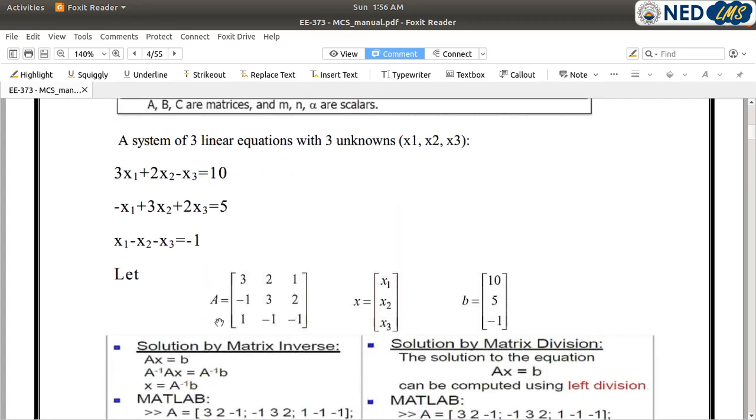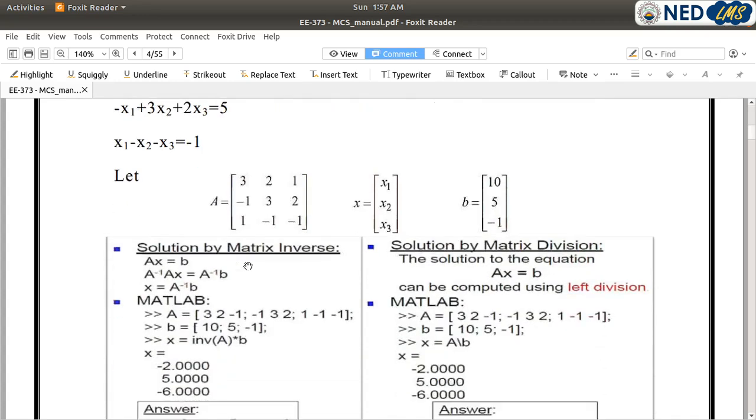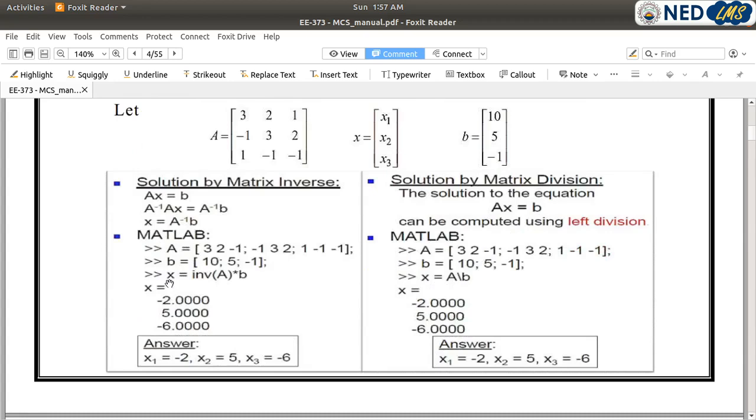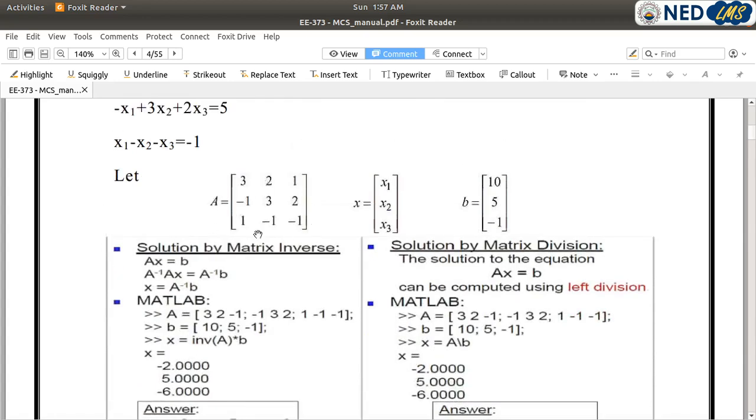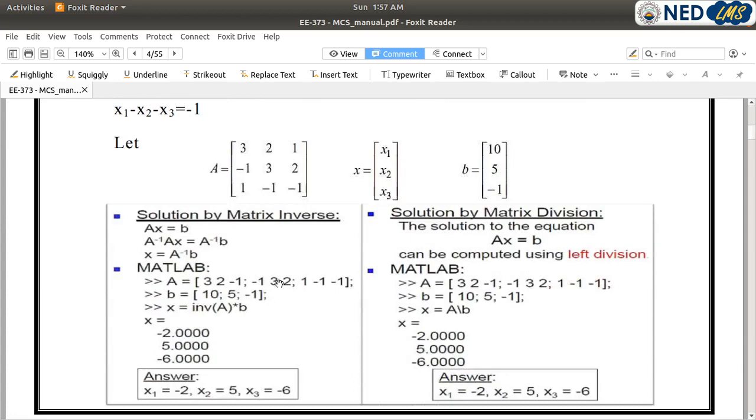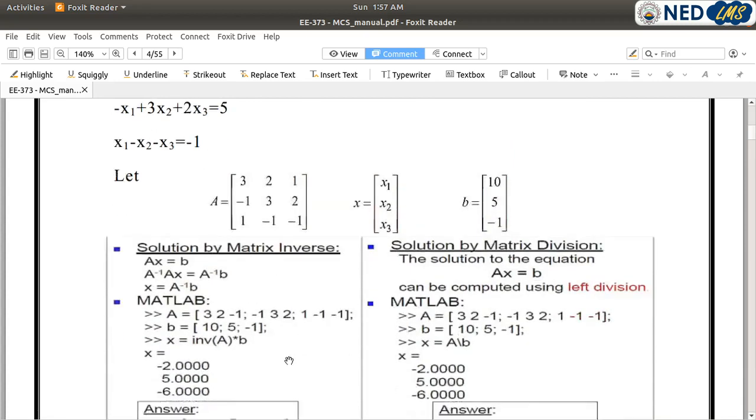You have done these manipulations in grade 10, so I'm just directly using this mathematical equation formed using matrices. Here x is equal to the inverse of A, which is this matrix, multiplied by the matrix B.